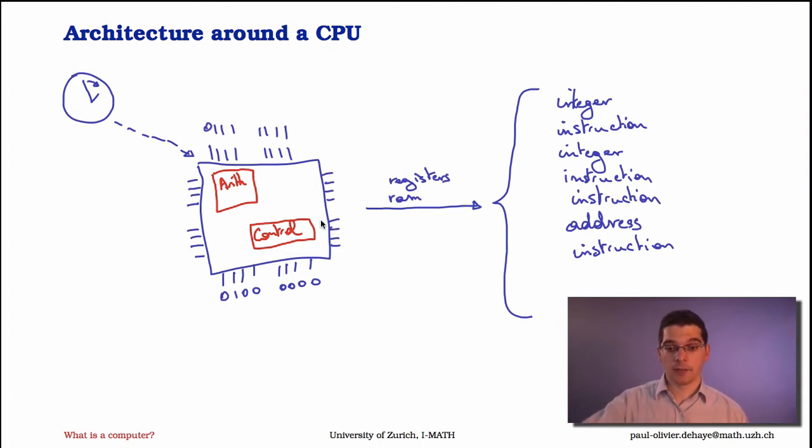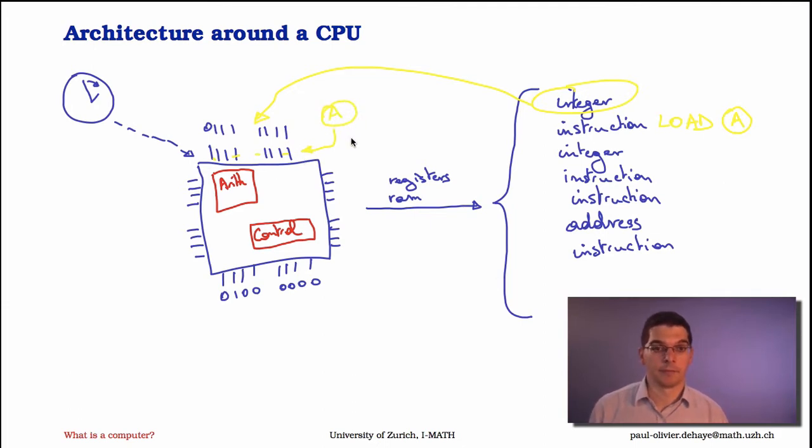Okay, so here is an example of something that could happen. Well, we have an integer here, and this integer is written into those pins. And it's written because there is an instruction here that will say that this integer should be loaded, let's say, in part A. And this set of connectors here refers to part A. Then there is another integer here that is encoded and has to be loaded in part B. That's the instruction, and that has to do with the control unit.